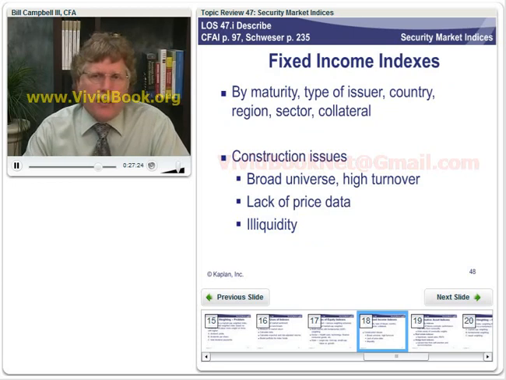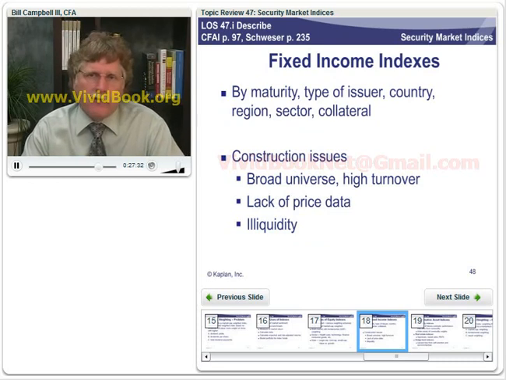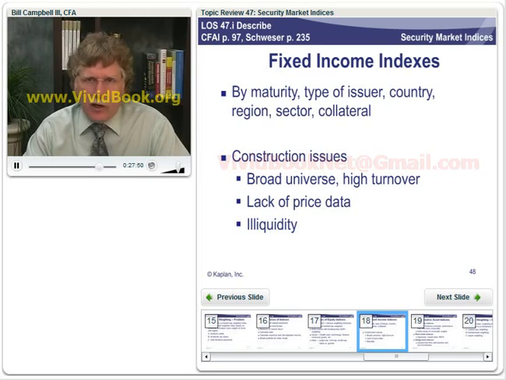So you might have short-term bond funds, medium-term bond funds, long-term bond funds, government bond funds, corporate bond funds, domestic bond funds, international bond funds from only a particular region within a country, sector bond funds like healthcare sector or technology sector. You might have only bonds with a specific type of collateral, and so on.